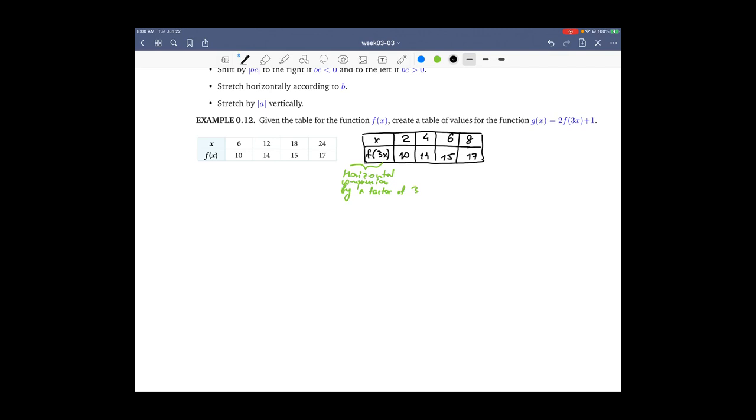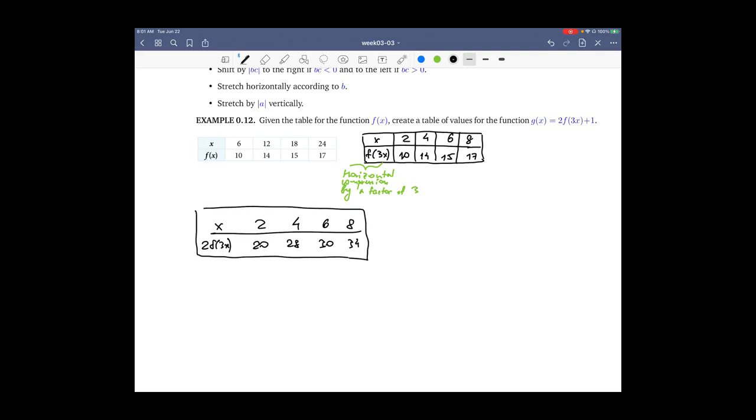All we need to do is multiply this by 2 to get 2 times f of 3x. And to get to 2 times f of 3x plus 1, we simply add 1.